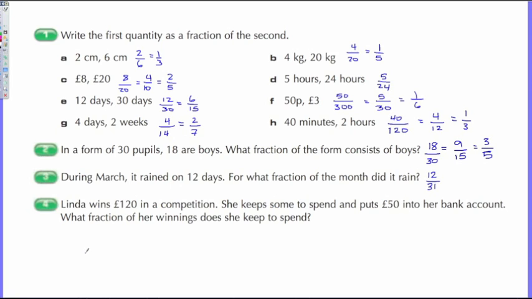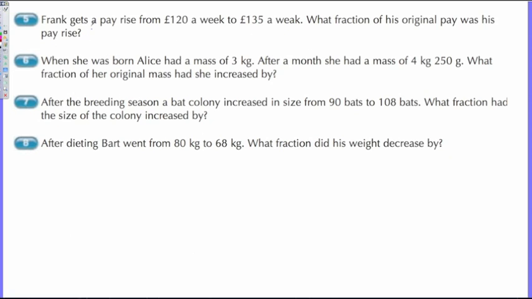She keeps some to spend and puts £50 into her bank account. What fraction of her winnings does she keep to spend? So she's got £120. She puts £50 of that into a bank account. So the amount that she's got left is going to be £70. So she's got 70 out of 120, which is 7/12.